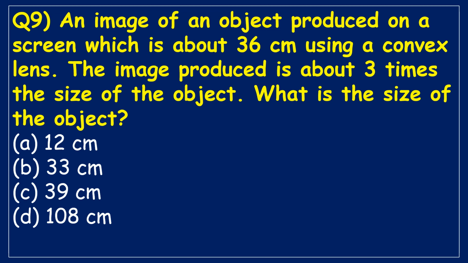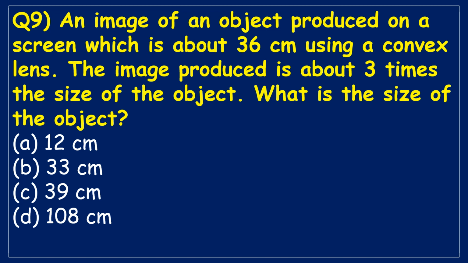Object is taken as 1, image as 3 times larger. If the object is 1 centimeter, the image will be 3 centimeters. If the object is 1 meter, the image will be 3 meters, like that.